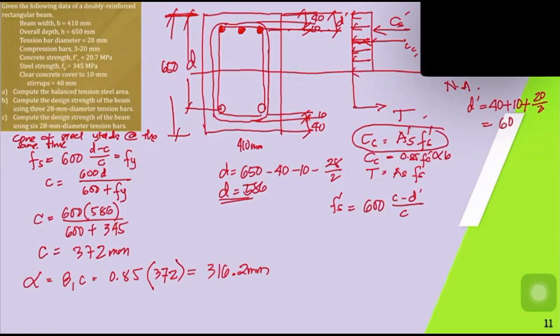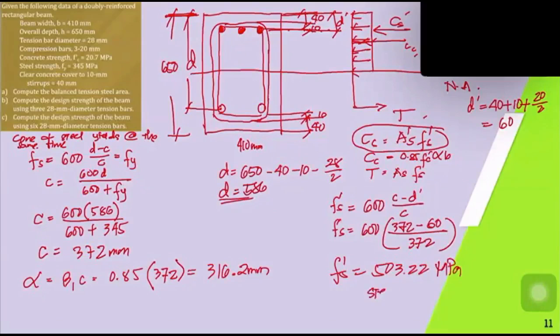D prime is 60. So Fs prime equals 600 times (372 minus 60) over 372, which is 503.22 MPa. So it also yields, and we can use Fy for both Fs and Fs prime.